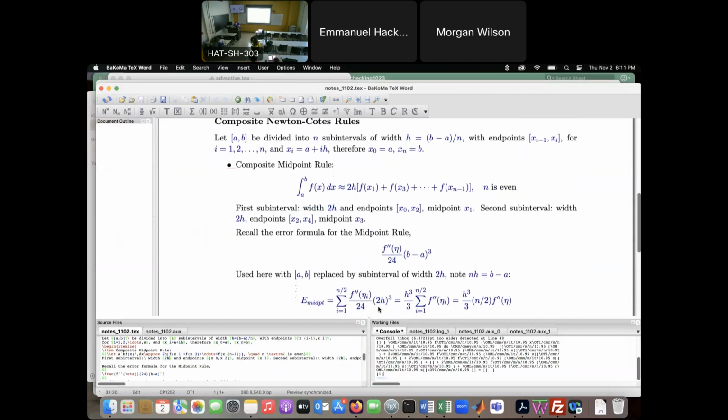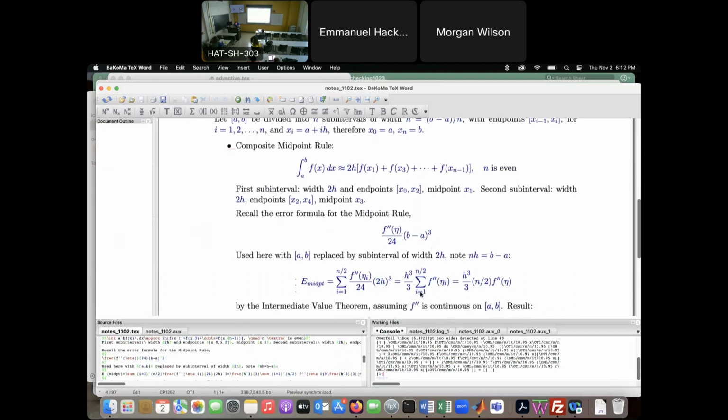So now I add all these up. After I work out the constants, I can pull out h cubed over 3. And now I'm adding up all of these. And by the intermediate value theorem, adding up these n over 2 values of the second derivative is equal to n over 2 times the value of that second derivative at some unknown point in between them. And this is true provided that the second derivative is continuous on AB.